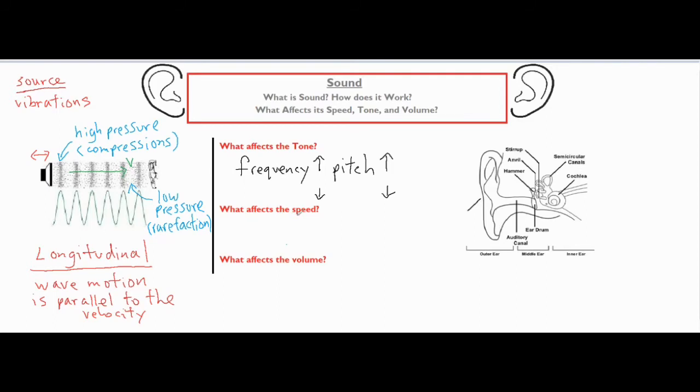So what affects the speed of a sound wave? Changing the speed of the sound wave isn't quite as easy or as common as changing the frequency or pitch, but you're basically changing the medium. The medium is the matter that the wave travels through. So if you change the density of the medium, then the speed will change.